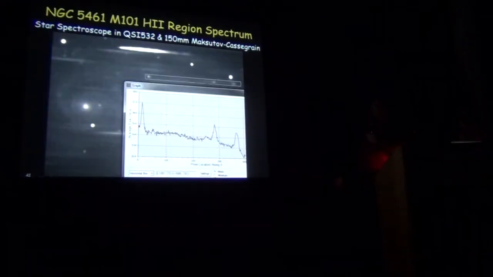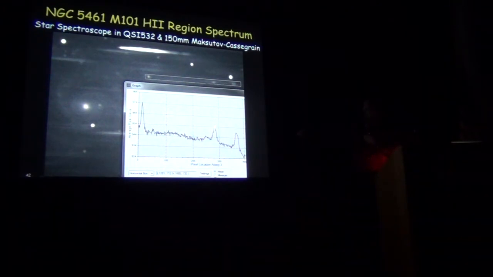M101, ionized hydrogen. That area there, you say, well, is that a set of stars, or is it something interesting like a gas? What you can do is take that same orientation upside down, and you realize you end up with 2 lumps, just like we saw with the Ring Nebula.